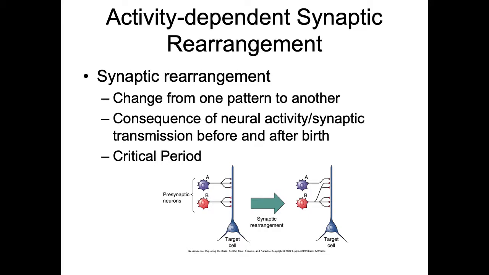Looking at this early stage of development is really cool, because right after birth you can have dramatic reshaping of the cortex. They did a lot of work in cats because, as you know, cats are born with their eyes closed.